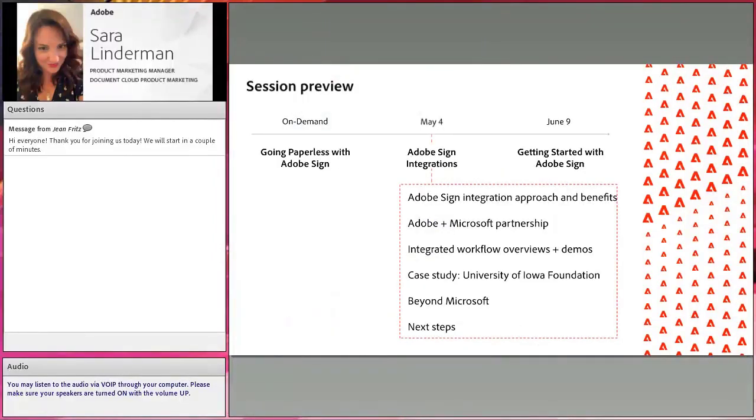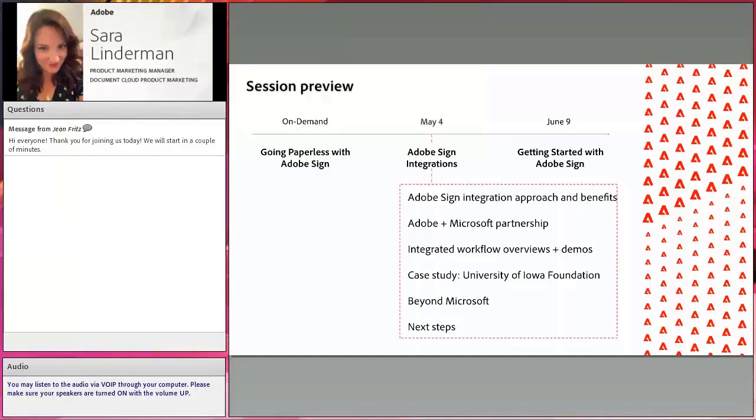Before I get started on the content itself, I just wanted to give you a quick preview of what we're going to be covering today. There's a few different sections. I'm going to start with a high-level overview of the Adobe Sign approach to integration, as well as some of the benefits that it offers. Jill's going to hop in and help me talk a bit about the Microsoft partnership that we have. And then I'm going to throw it over to Garrett and Lisa, and they're going to go through an overview of what these integrated workflows look like and how they work.